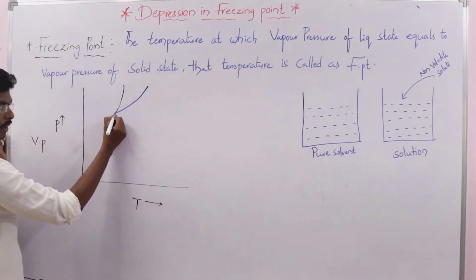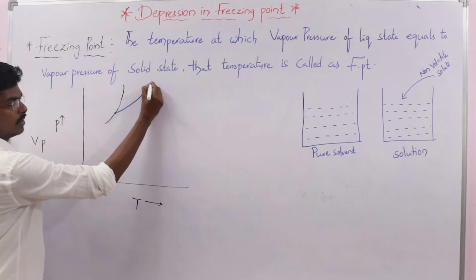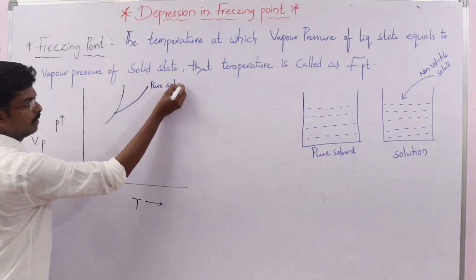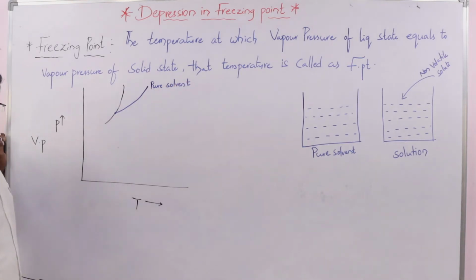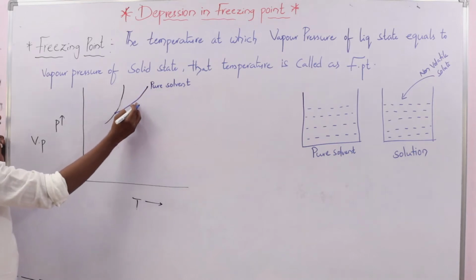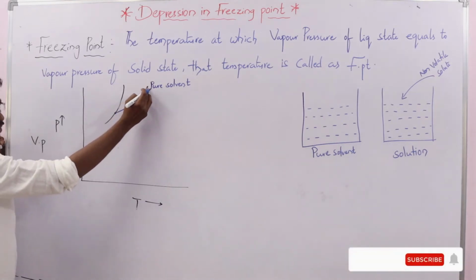This is the curve for the pure solvent. When temperature decreases, the vapor pressure decreases.